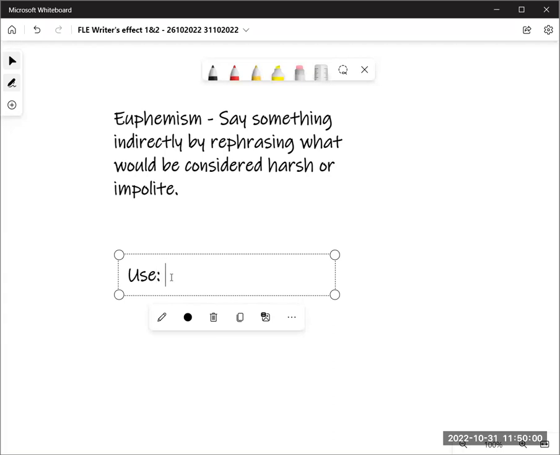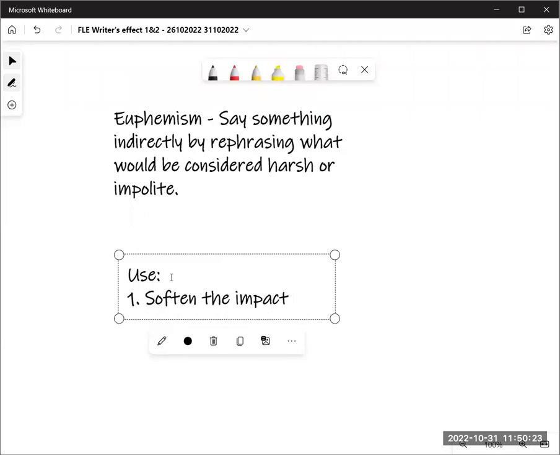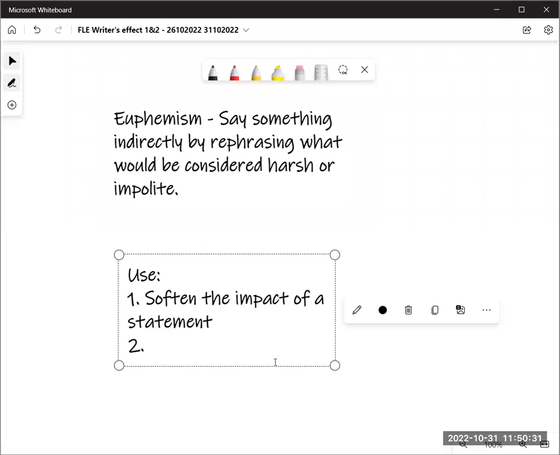What is the use of this? Well, the use is basically to soften the impact of a statement. Second would be for politeness or discretion.